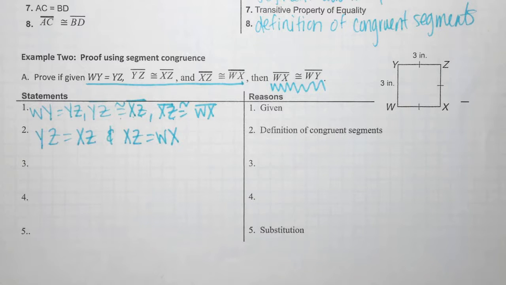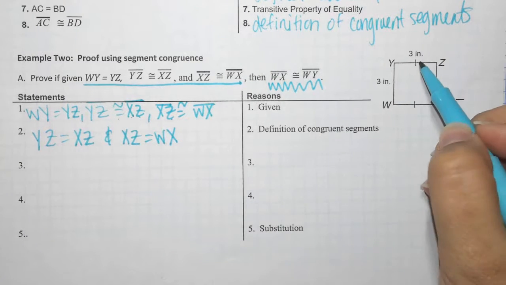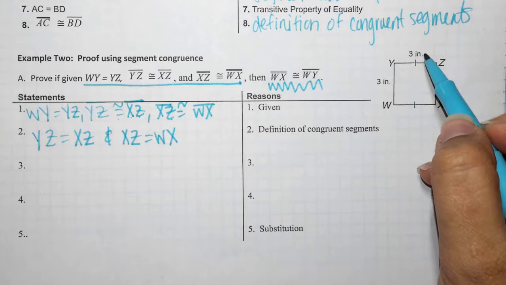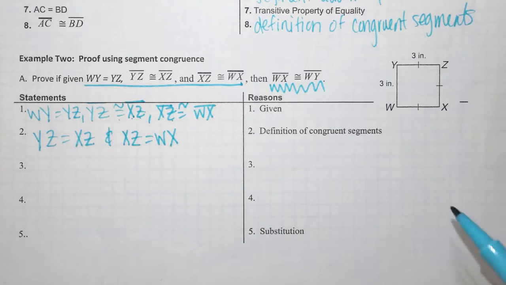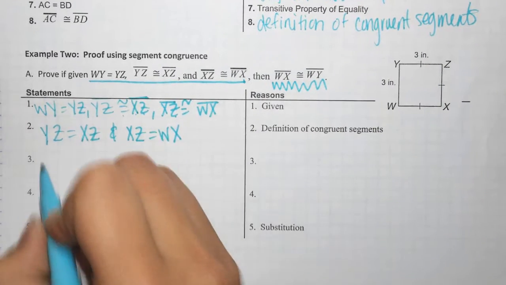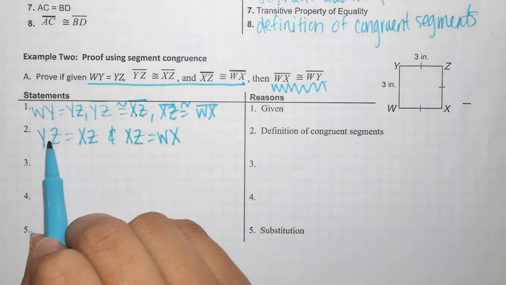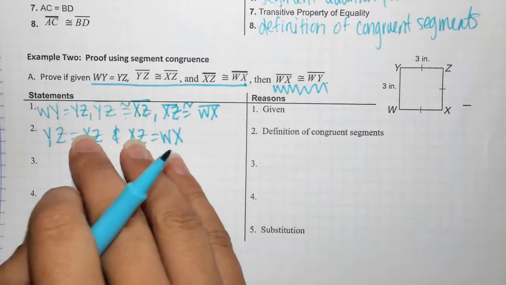Do we know what YZ equals? What does YZ equal? What number? 3. Okay, so could we take out the middle here though?